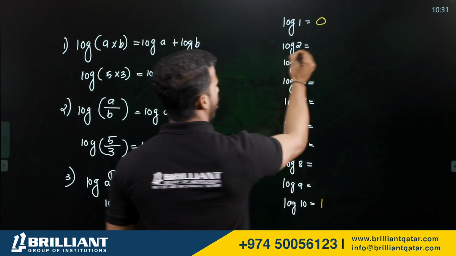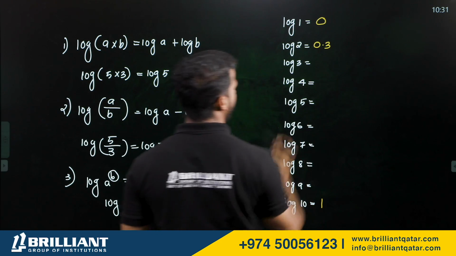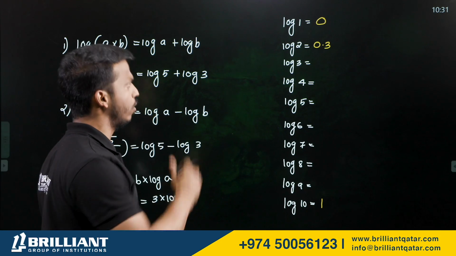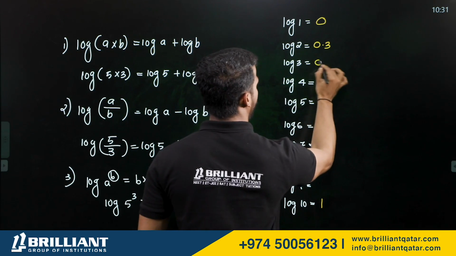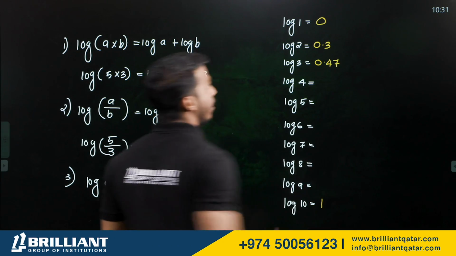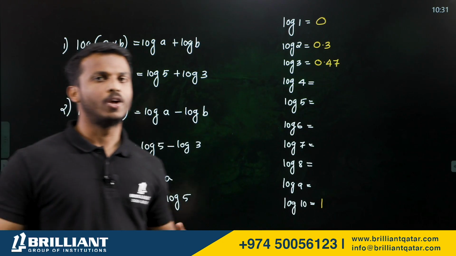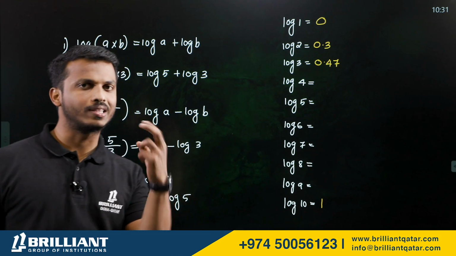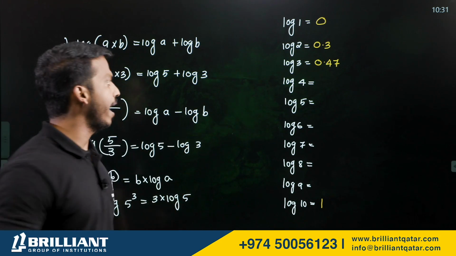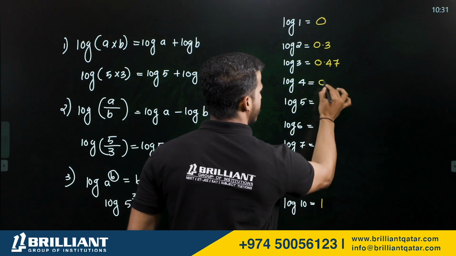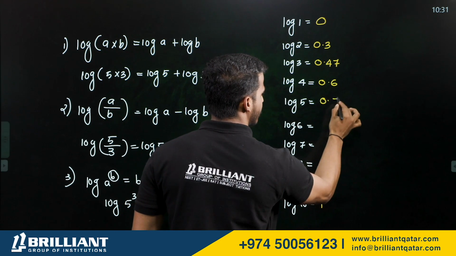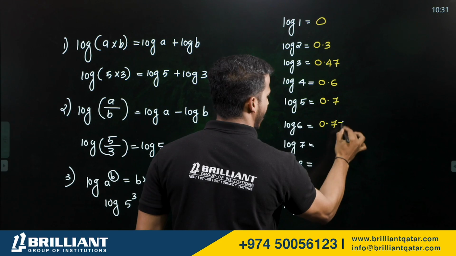Log 1 is 0, log 2 is 0.3, exactly it's 0.3010, but 0.3 is enough. Log 3 is 0.47. Log 4, log 5, log 6 we can study together: 0.6, 0.7, 0.77.